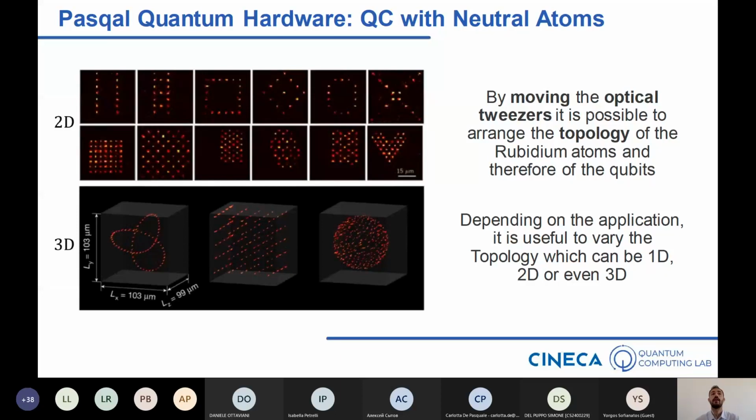That's not what happens for superconducting circuits, where you have a fixed topology. Because they are printed circuits, you know that this qubit only interacts with its neighbors, and you cannot change the topology there. You have to choose the topology from the beginning. And that could be an advantage for neutral atom quantum computation.